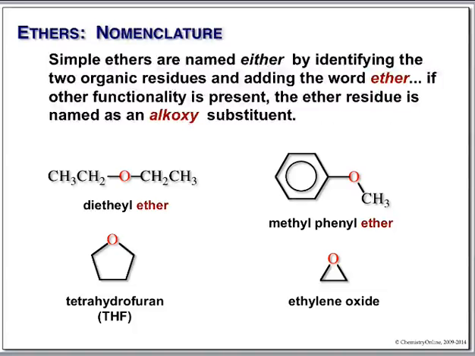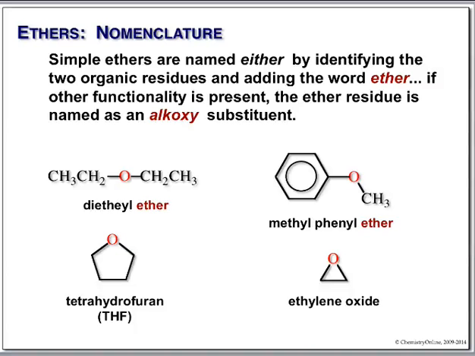When you name an ether, as you can tell by the slide here, essentially you want to name the groups on either side in terms of priorities. Ethers are very low priority. They're treated as a substituent on an alkane, for example, just like a chlorine or something like that. If it's a substituent on somebody else's chain, you simply call it an alkoxy substituent.